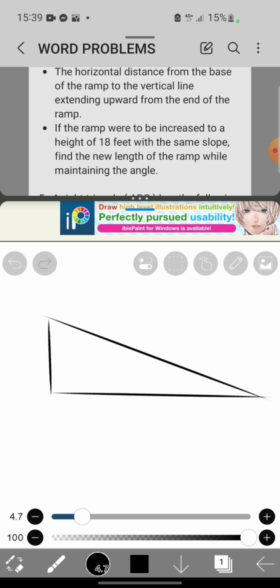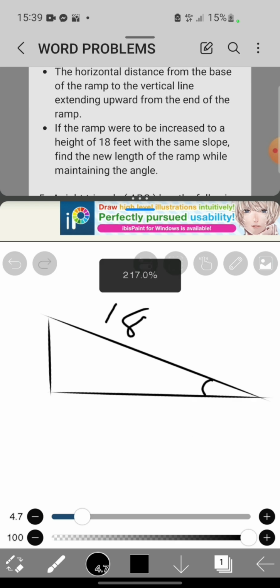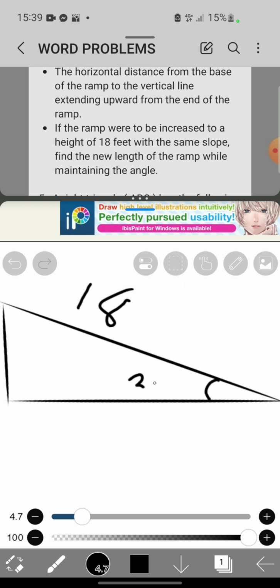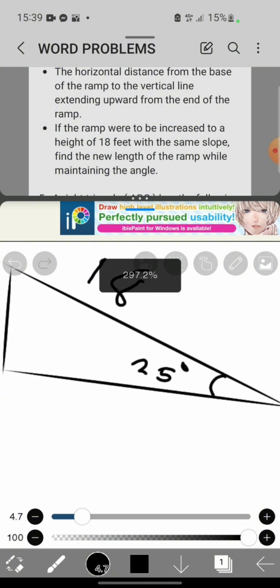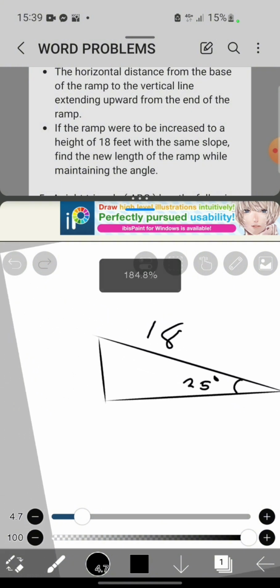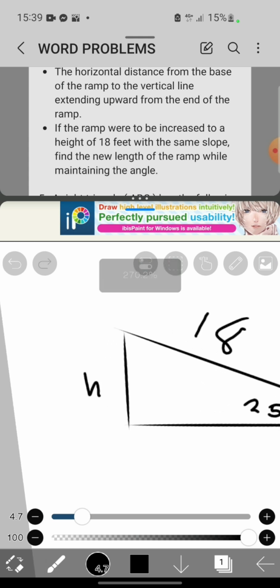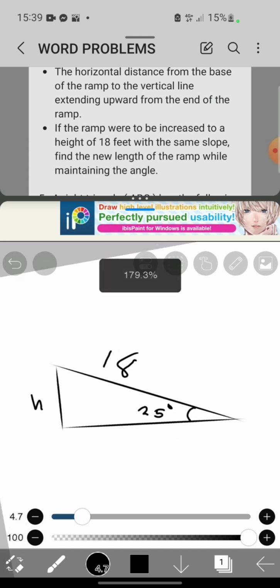So the ramp is 18 feet, 18, and the slope is 25 degrees. What is the new height?